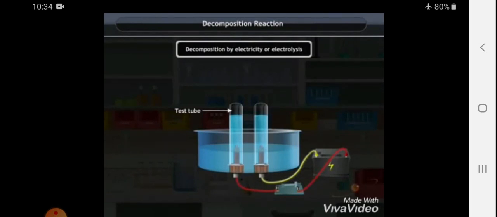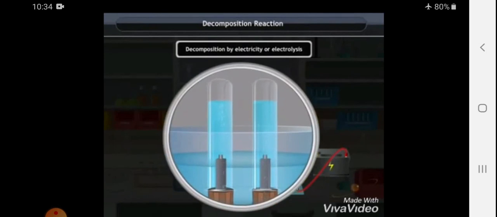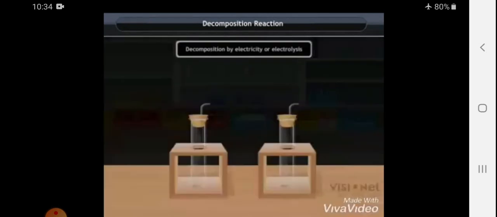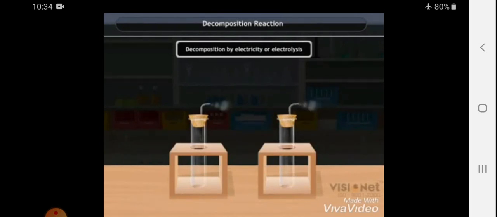Now what we are going to observe is that in the 2 test tubes the reaction is going on. The water breaks down into hydrogen and oxygen. One test tube collects oxygen and one test tube collects hydrogen gas. How will we come to know that? With the help of a burning splinter or a candle.